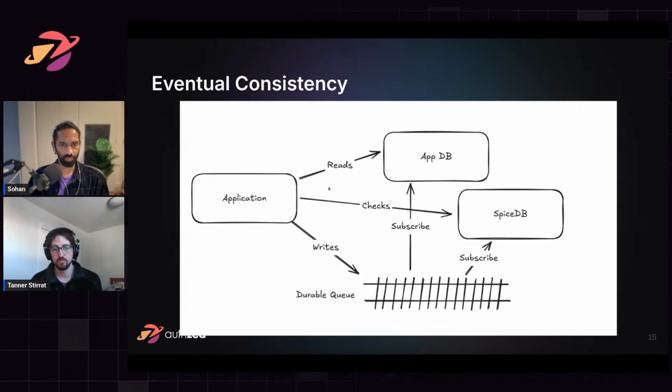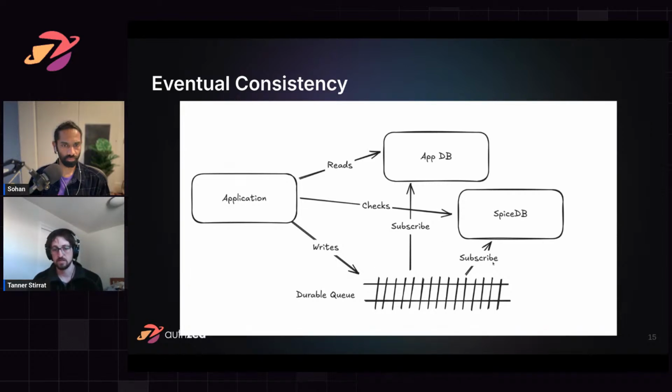So reads for data go directly to the application database, checks go directly to SpiceDB. But when you make a write, the application just puts a message on the queue. In our case, this would be a create file message. That message is going to include everything that a downstream consumer would need to know about the file.